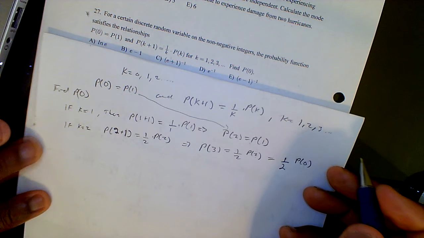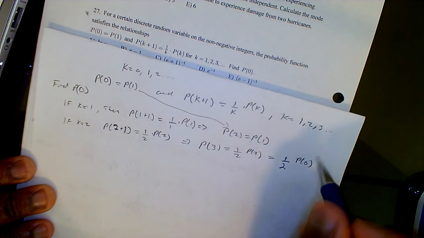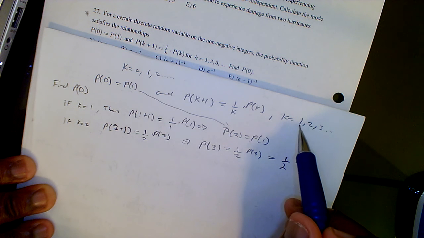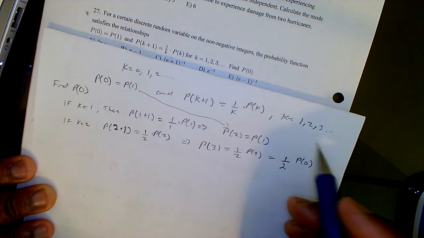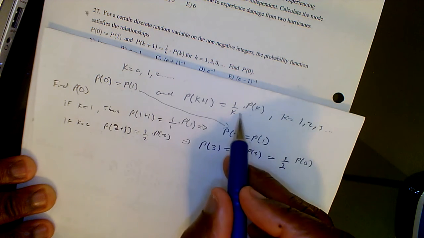Now, if we really think about this, every time we went up from 0, 1, and 2, this has to be a multiple of it.